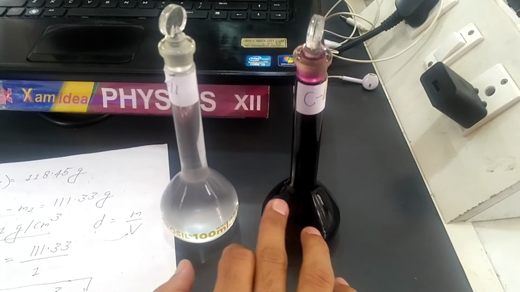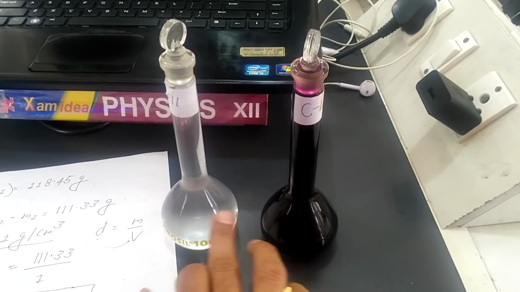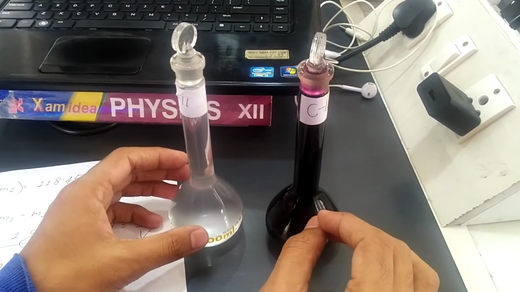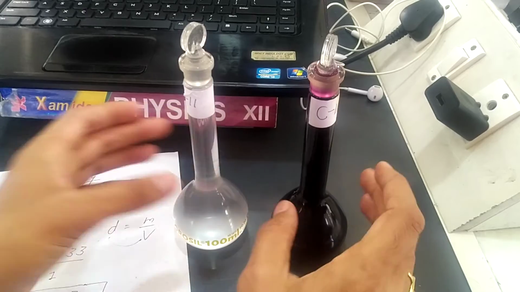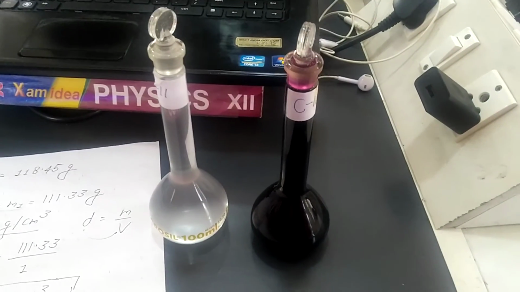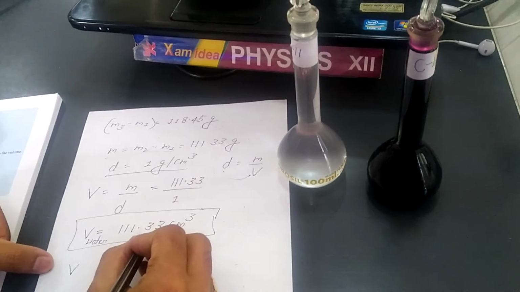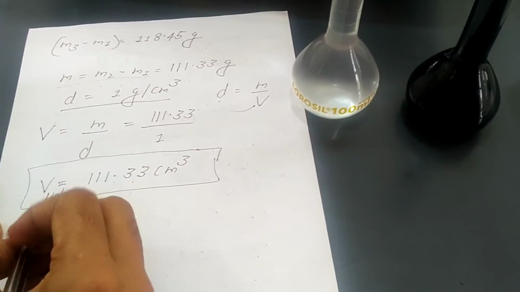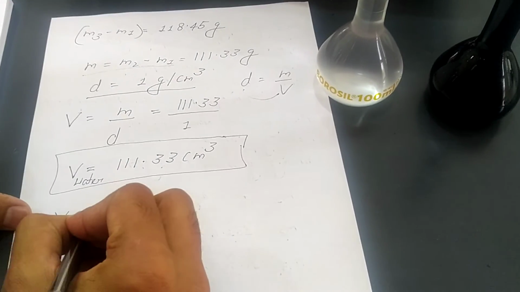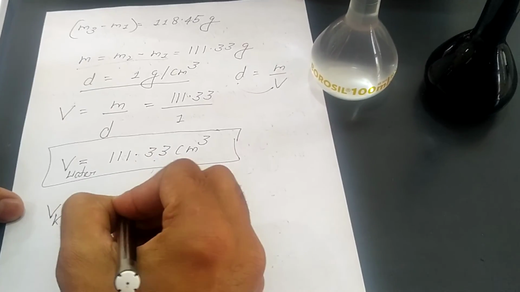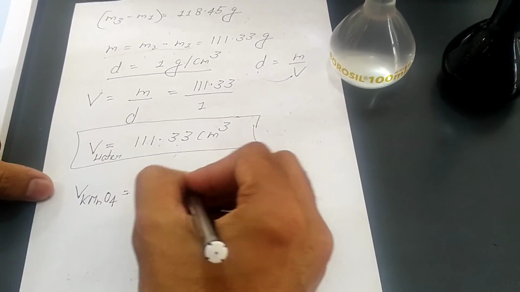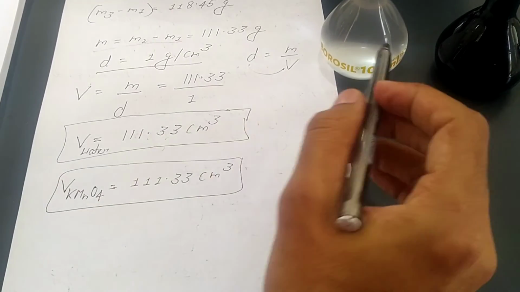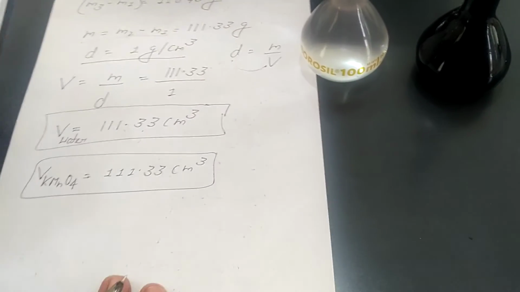Because the bottles are the same, the volume of liquid they are carrying would be the same. So the volume of water in this bottle is this, and the volume of KMnO4 will be equal to the volume of the water only.